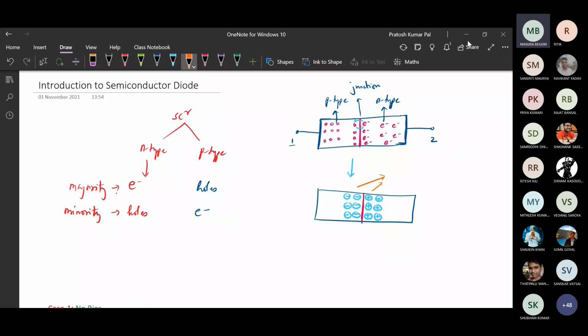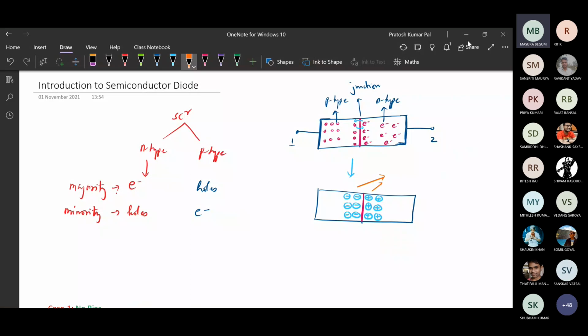Once p-type and n-type semiconductors are joined together, they form a junction, and near that junction a depletion region forms. This depletion region has negatively charged ions on the p side and positively charged ions on the n side.